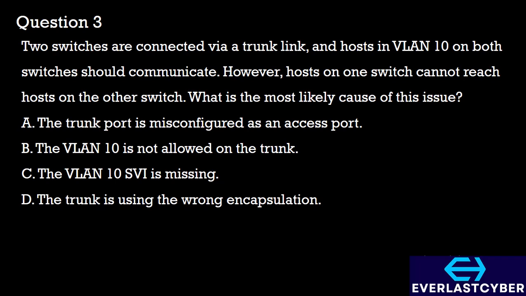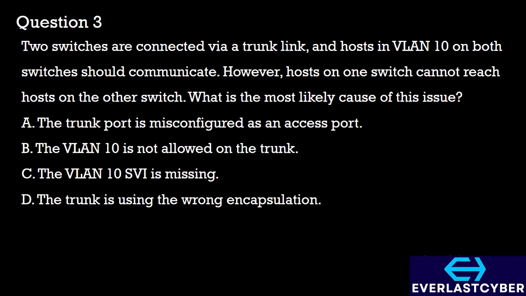In option A, if the trunk port were misconfigured as an access port, the trunk wouldn't function correctly and you would have a broader communication issue, not just specific to VLAN 10. For option B, this scenario arises when VLAN 10 is not included in the list of allowed VLANs on the trunk link.